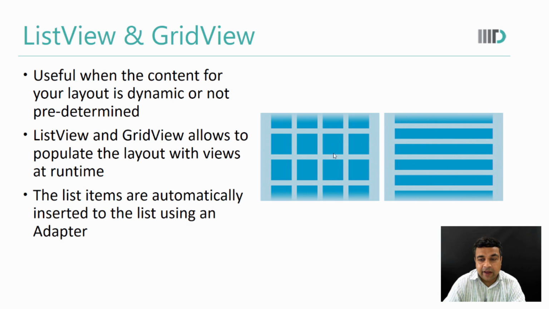That is, you can add elements into it. These list items are automatically inserted into the list using an adapter. We will learn about the adapter later on, but as you may imagine, suppose I am going through a list and I want to add view elements by reading that list. In those cases, ListView or GridView layouts are more suited to my application.